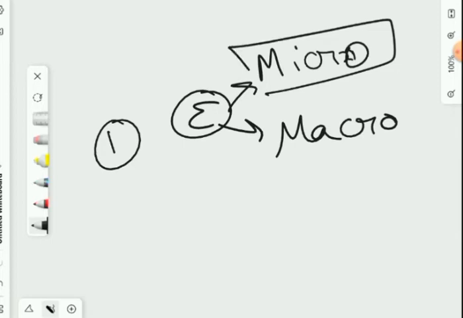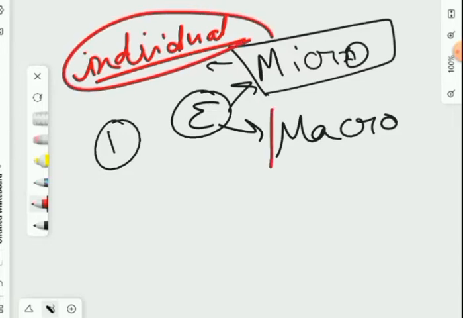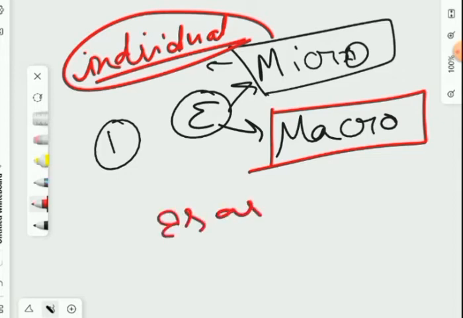Microeconomics is the branch of economics that studies the behavior of individual economic units. So it deals with individual economic units. For example, income of a person or output of a firm. On the other hand, macroeconomics studies an economic system as a whole.